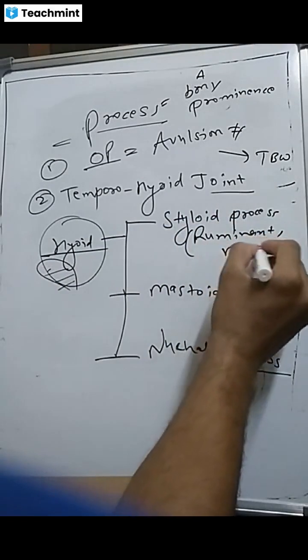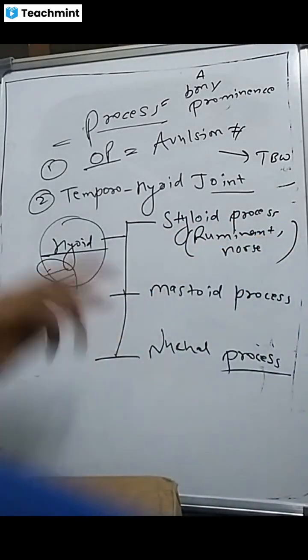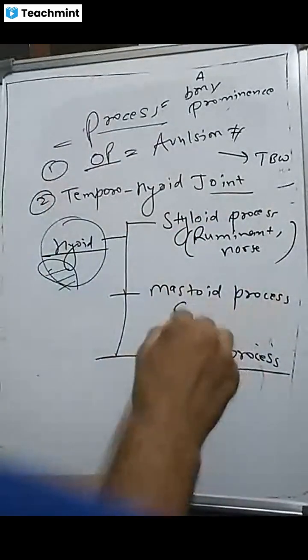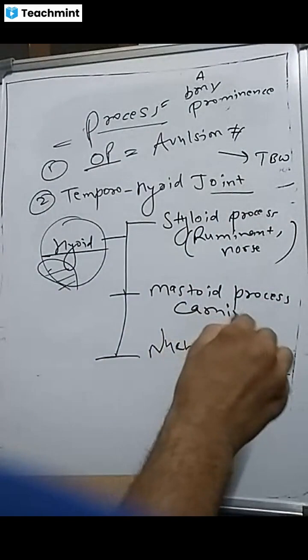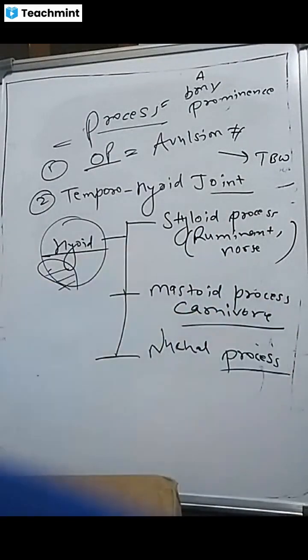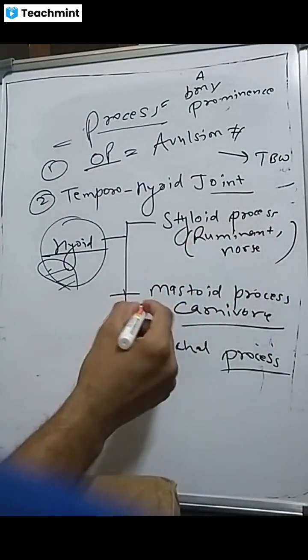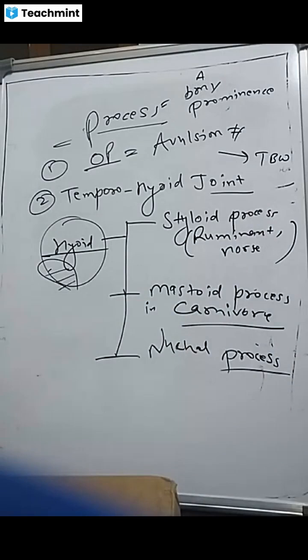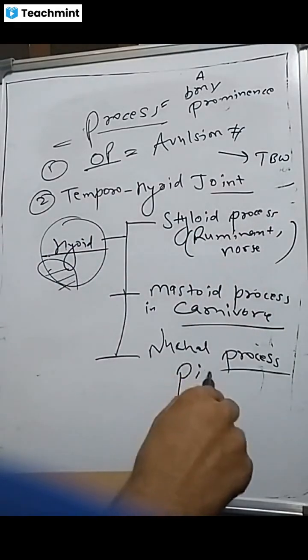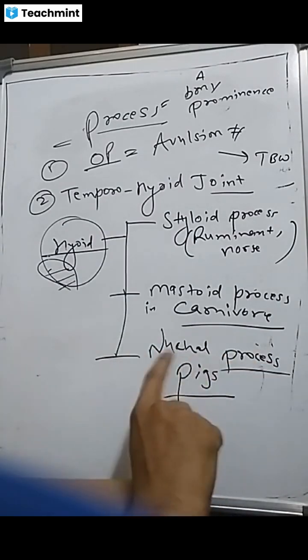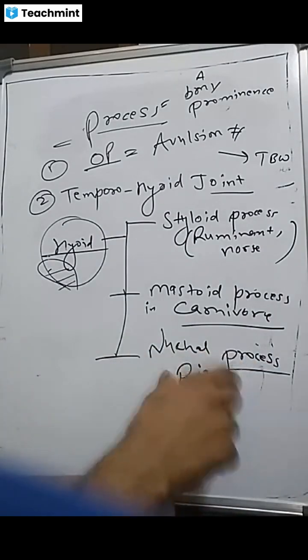and horse. Because in case of carnivores, styloid is absent, so what do they have? They have mastoid process. So mastoid process is present in your carnivore, and the process is connected with the hyoid. In case of pigs, there is one process in the skull known as nuchal process.